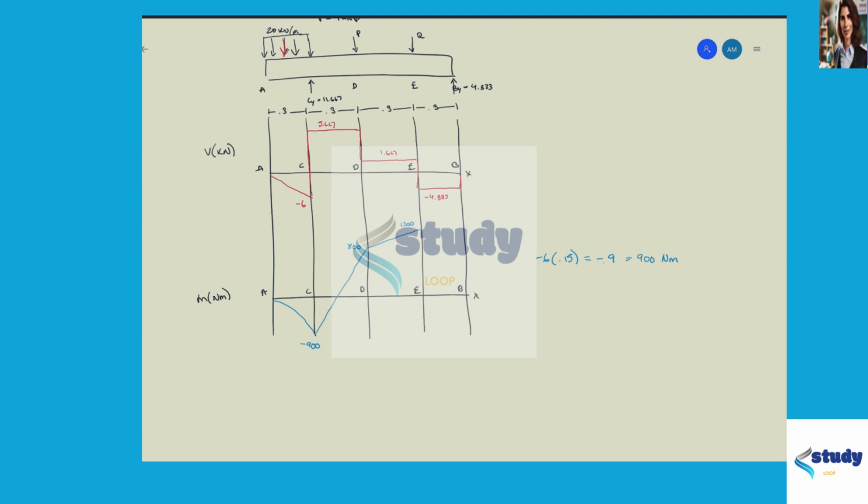And then we do our last area, 4.33 times 0.3, which is 1.3, and I'm going to convert that to 1300. And this should be negative actually, so negative. So now we come back to 0, negative slope.